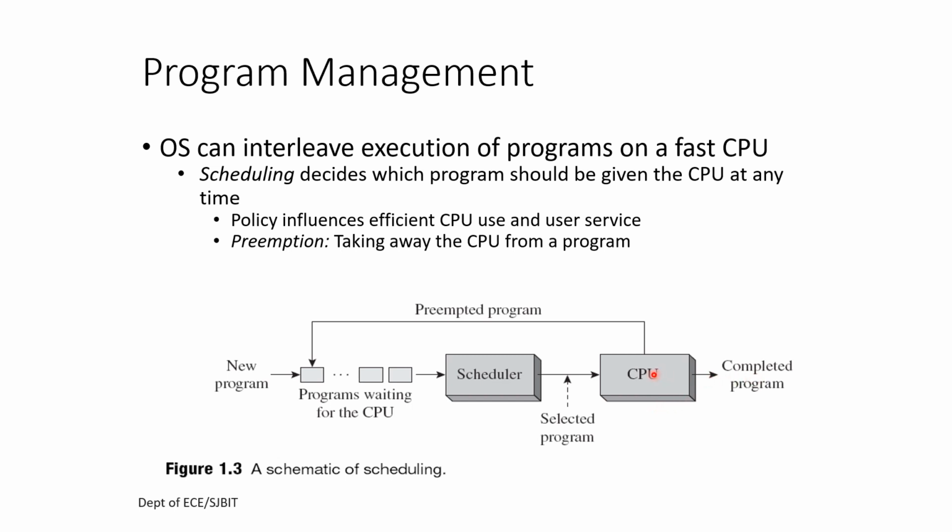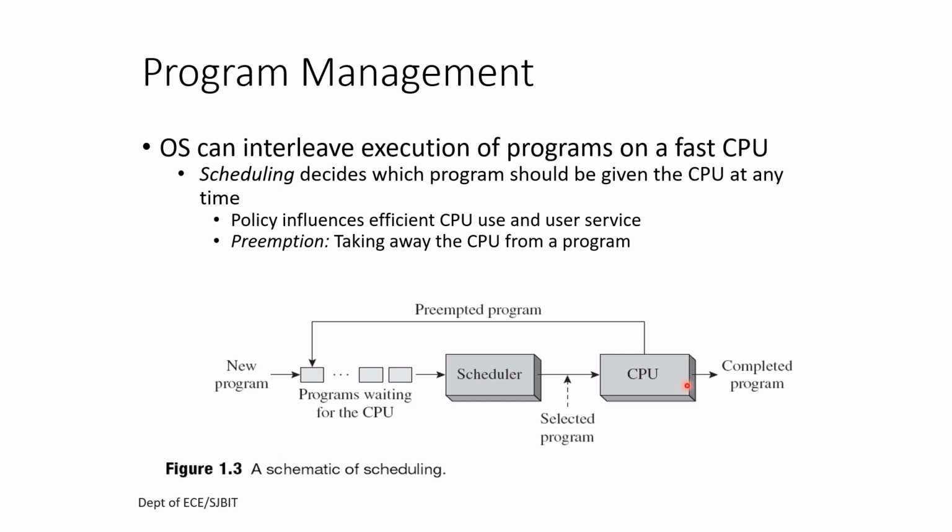If the program is not completed, then after a predefined time it will be removed from the CPU and put into the queue again, and the CPU is allocated to another program.